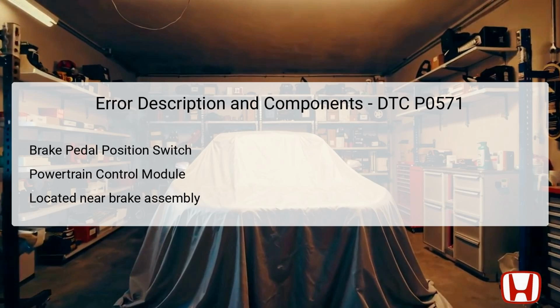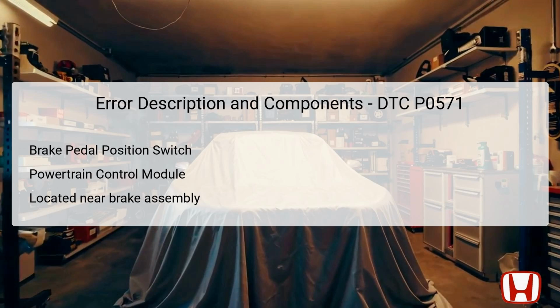When the brake pedal is depressed, the switch sends a signal to the PCM indicating braking action, and when released, it does the opposite. If this communication fails or shows inconsistencies, the PCM registers an error and triggers DTC P0571.